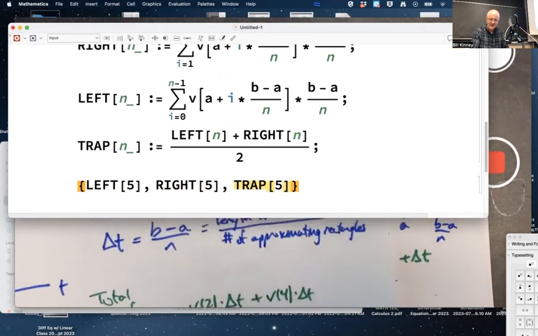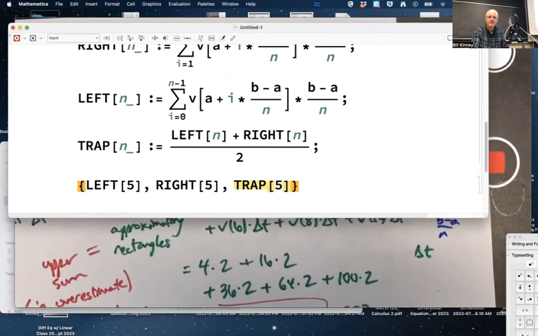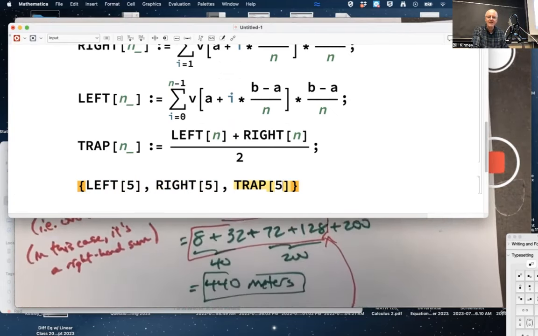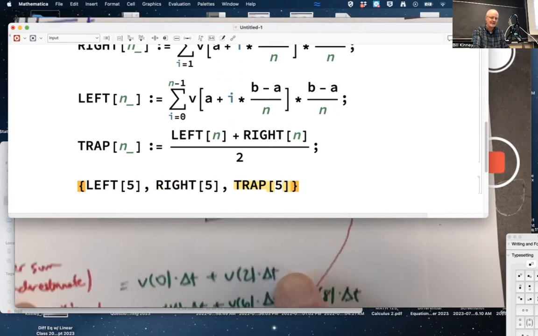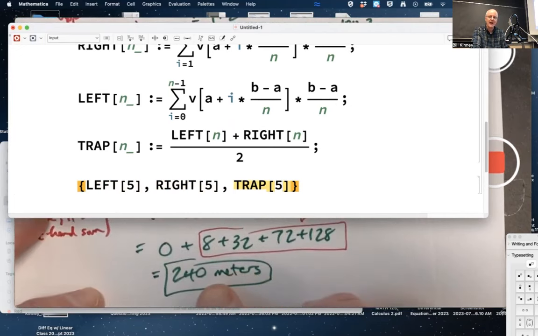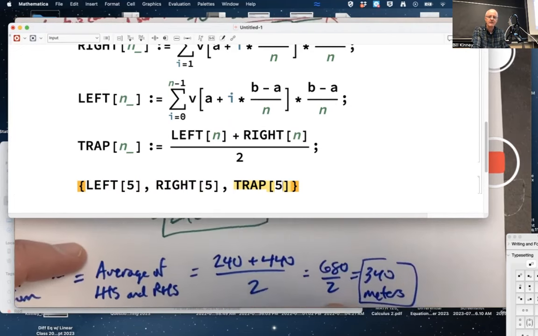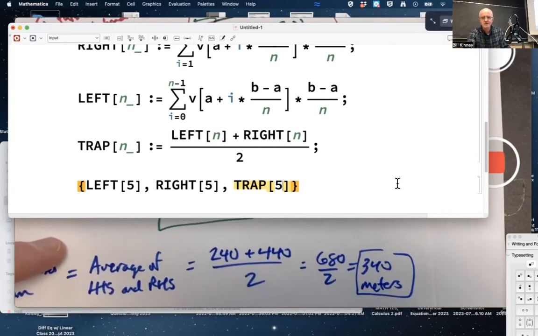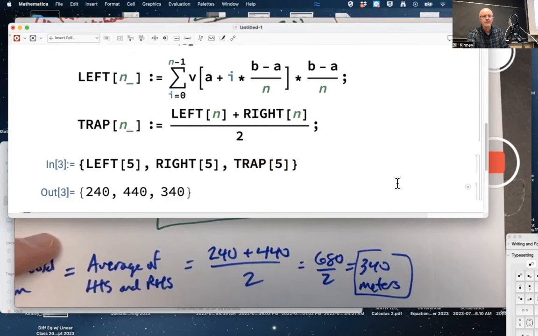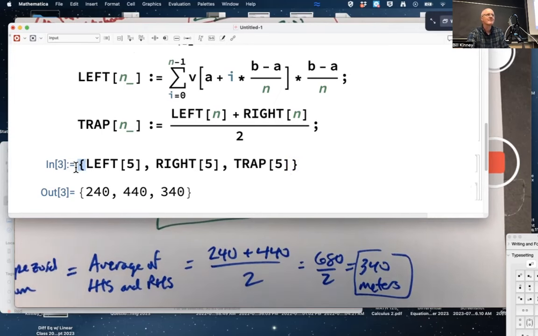I got a right-hand sum of 440 right there, a left-hand sum of 240 right there, and a trapezoid sum of 340. So when I enter this, I should get the numbers 240, 440, and then 340. Yep, there they are. Why did I put them inside curly braces? So that I can get one output, in what's called a list in Mathematica. It's not a big deal.